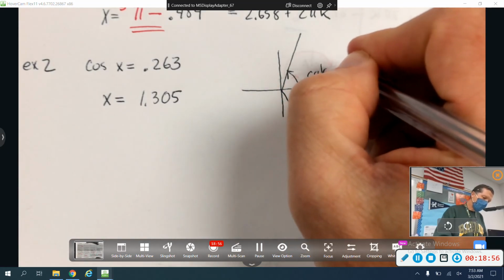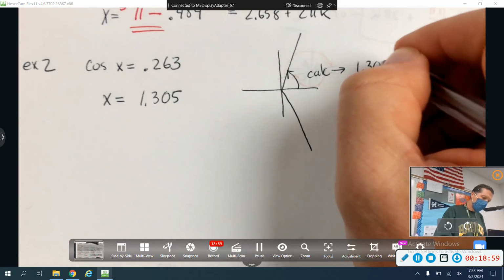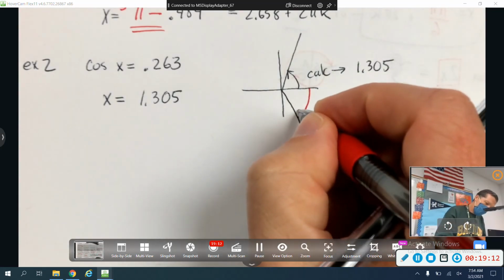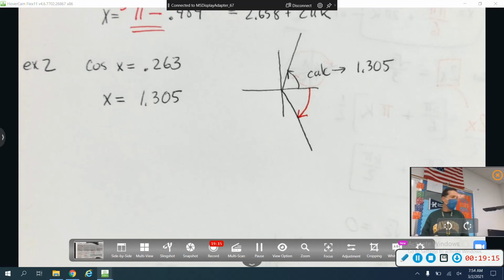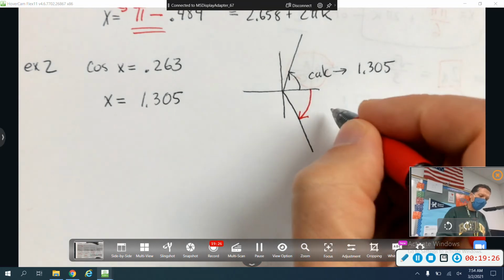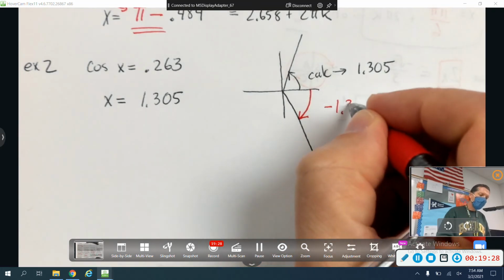The calculator just told me that this opening was 1.305. Cosine's even easier than sine. If that's 1.305, what's my other angle? I mean, the opening is 1.305, but if I'm measuring down, then that angle is negative 1.305.